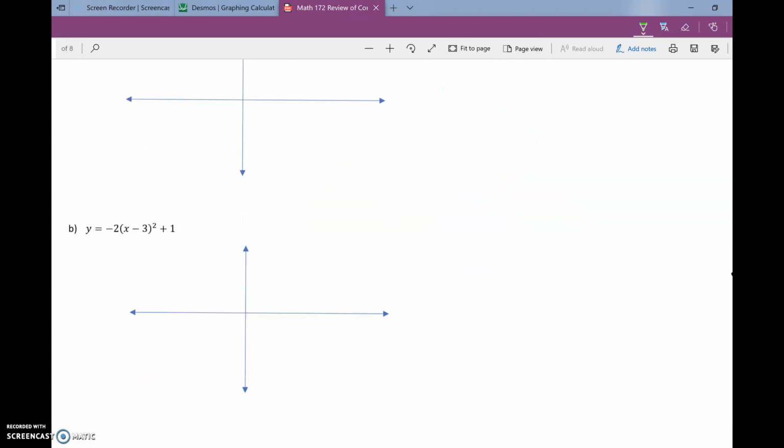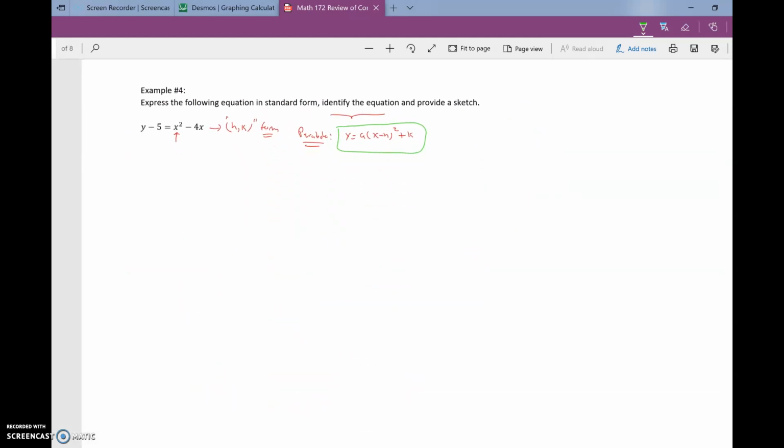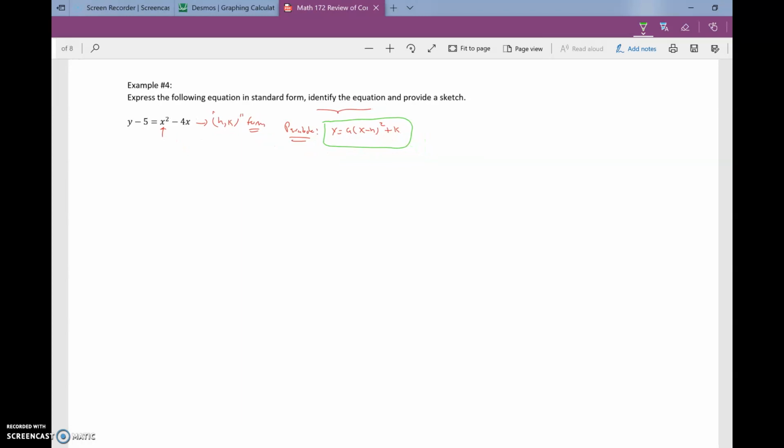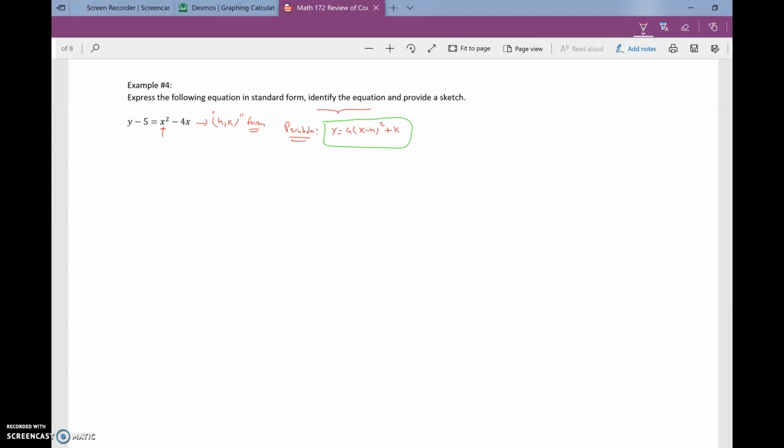I'll do an example where we're referring to that specific formula, and also other formulas will be provided. Okay, now in order for us to express it in h comma k form, I'm going to be adding the 5's.